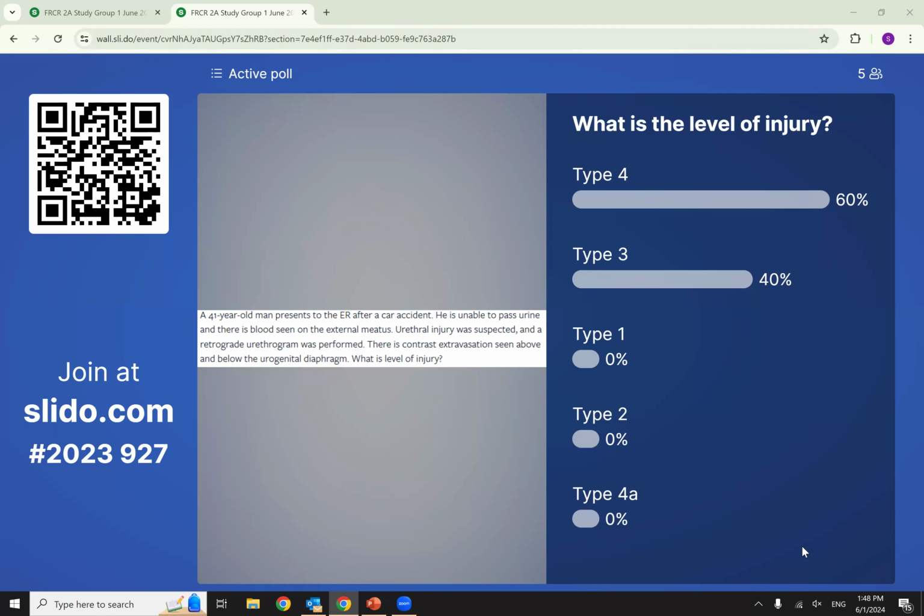Okay, let's give it some more time. I see 5 people on Slido now. Hopefully everyone can take these.